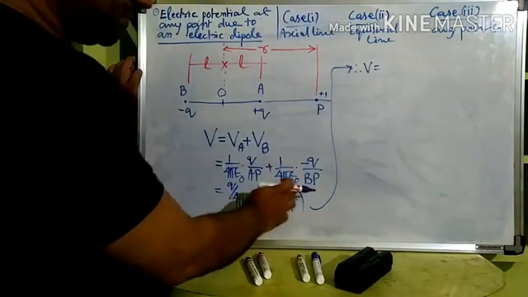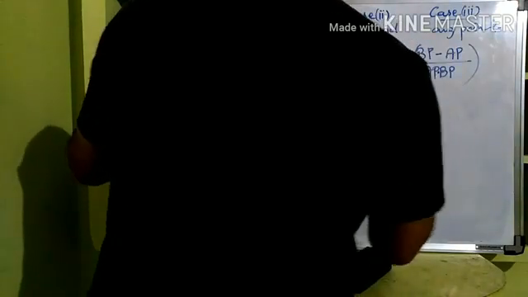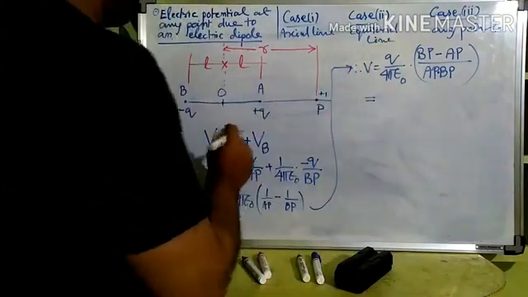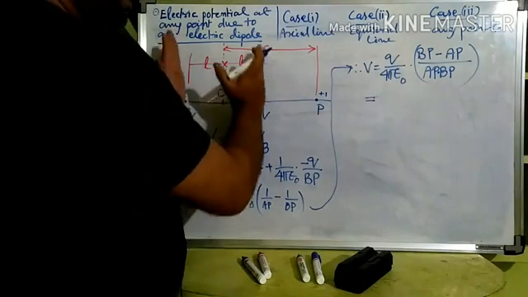Now from here, V is equal to, taking the LCM of AP and BP, BP minus AP comes in the numerator. So q by 4 pi epsilon naught times BP minus AP by AP BP. Now, BP minus AP is AB only, right?